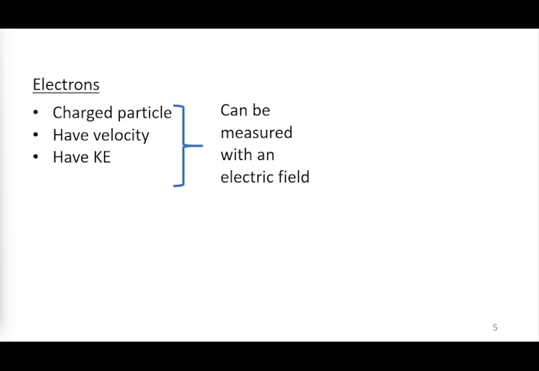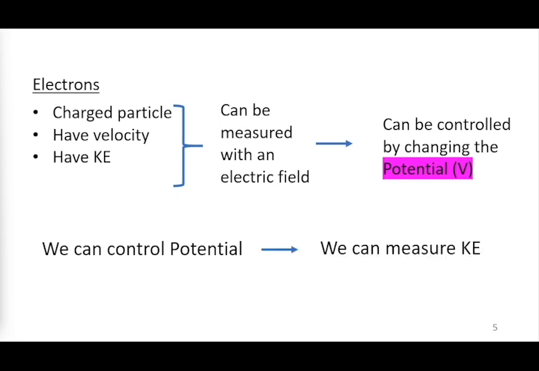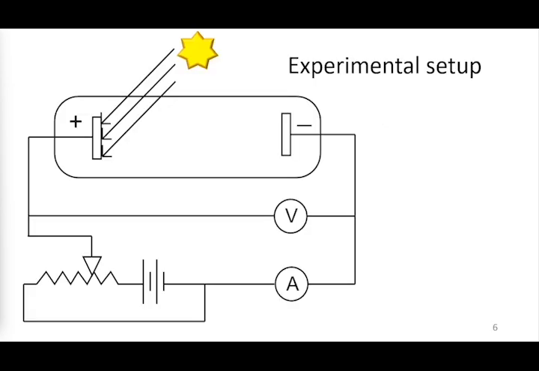So the trajectories of the electrons will be altered by that electric field, and we can control that electric field by setting up two terminals and changing the potential. This way we can control the potential, therefore we can measure the kinetic energy of the electrons to some extent.